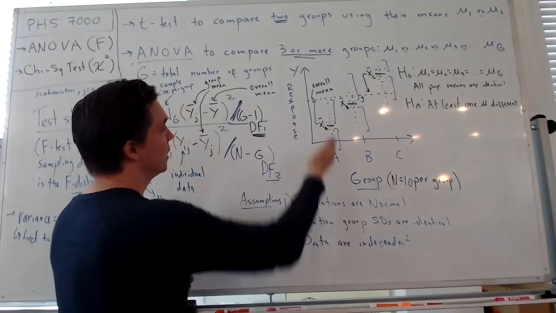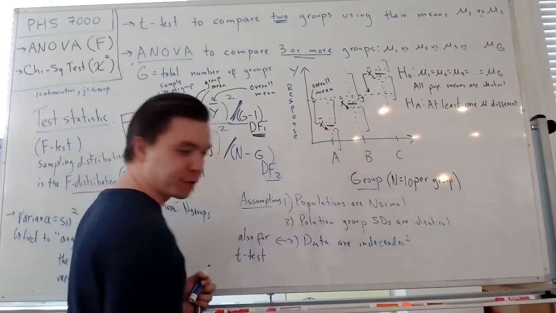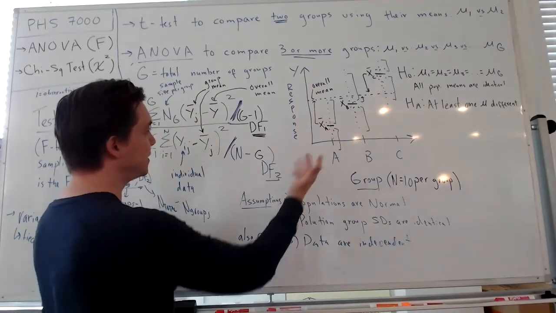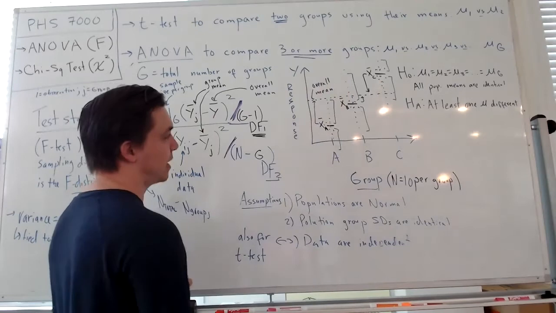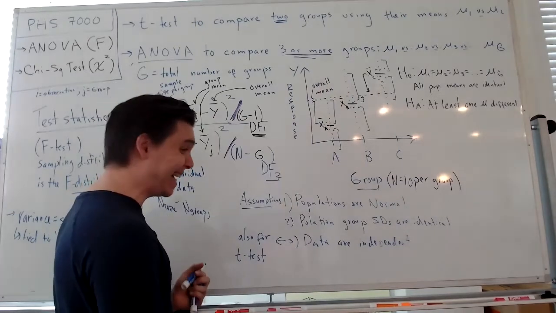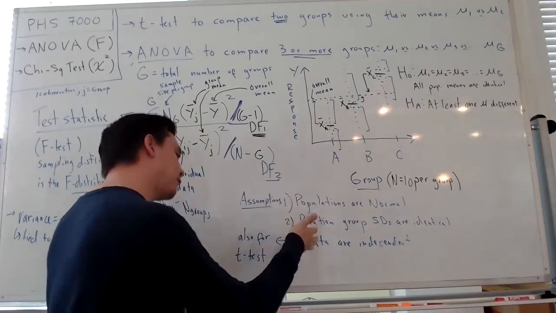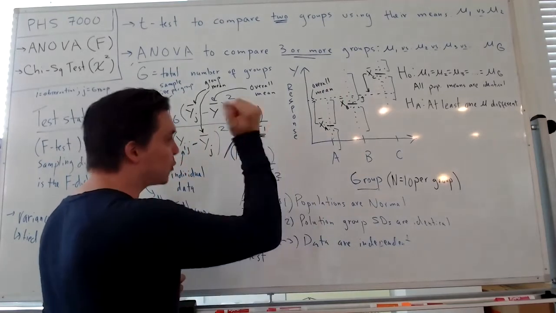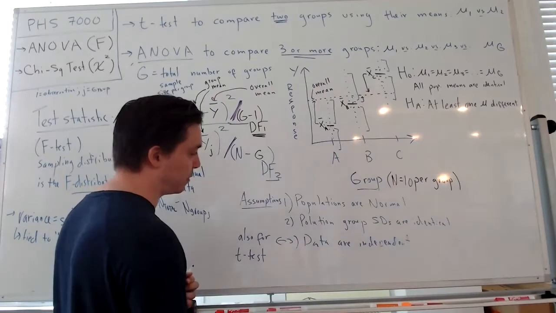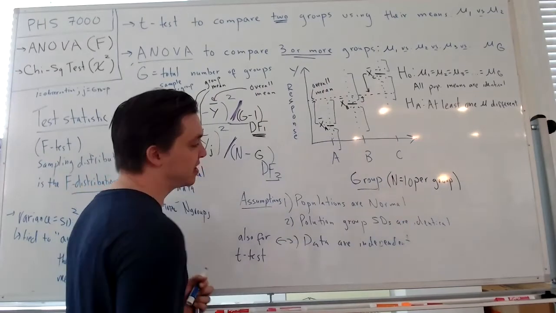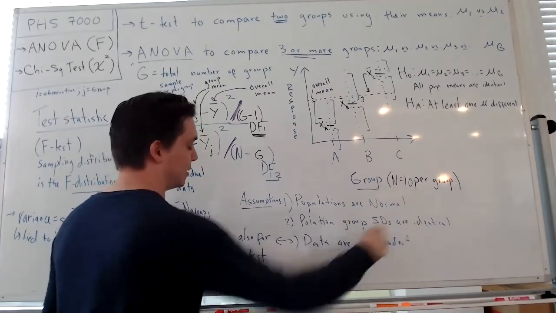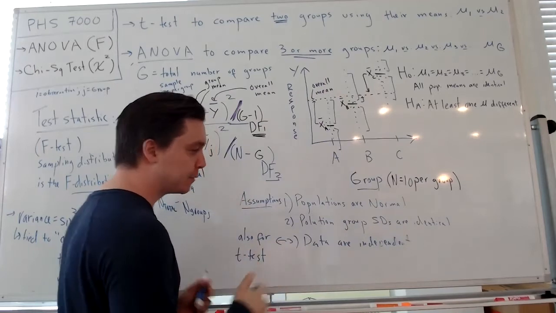Populations are normal. So that is for each one of your groups. And oftentimes, you know, how big is the sample going to be within each group? 10, 15, 20, 30? It can be difficult to determine that each one of your population distributions is normal. Population group standard deviations are identical. I think that's the one that is the hardest one to verify.